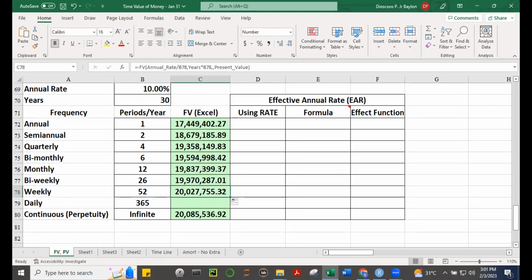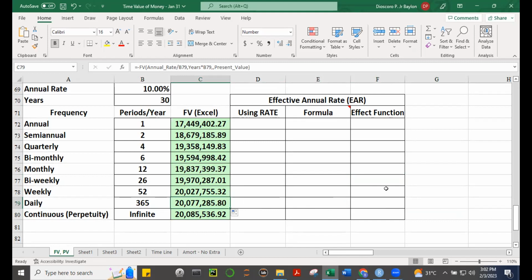In fact, if I go down here for the daily compounding, so you can see here that, wait, did I make a mistake? Sorry. Yeah, it's correct. This is 20077. This is 20027. So the cash flow with the higher compounding per year will be the better cash flow from the perspective of the investor.